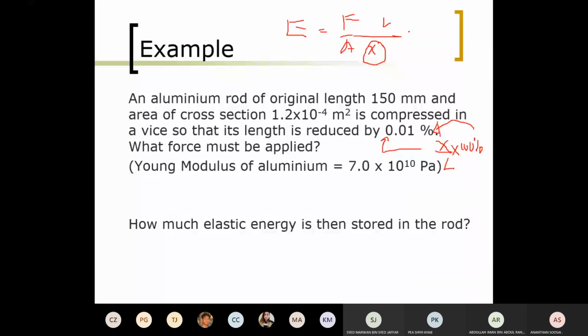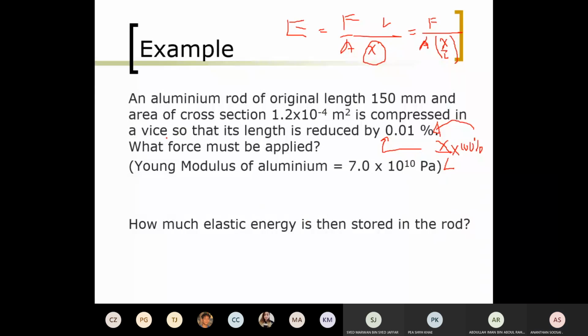This can be written as F over A, and you can put it like this, X over L. Mathematically, this and this are the same. So X over L, you can replace with 0.01 divided by 100. Then you can work out the elastic energy. They want the elastic energy stored in the material.